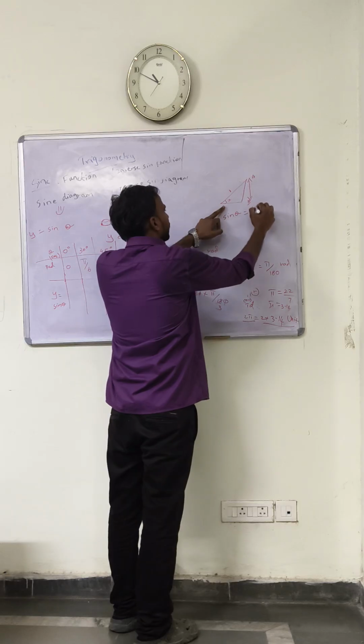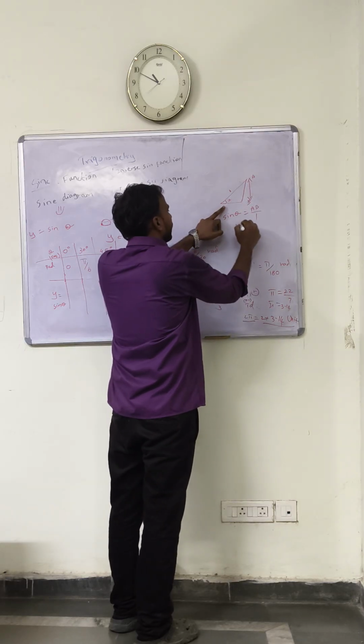I may consider AB divided by 1. So I want to find AB.